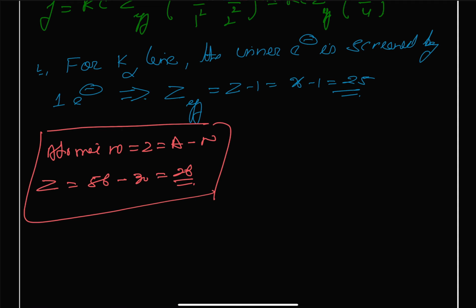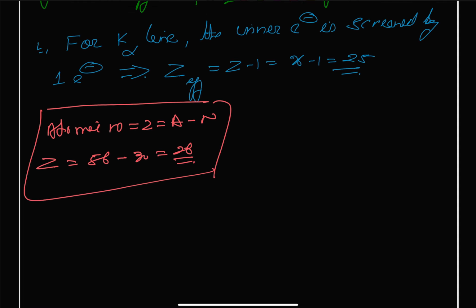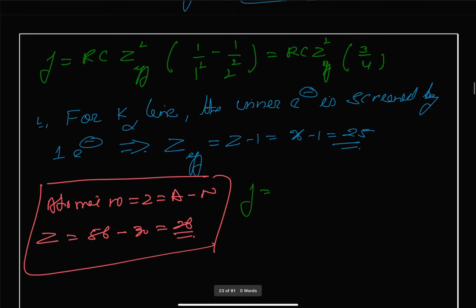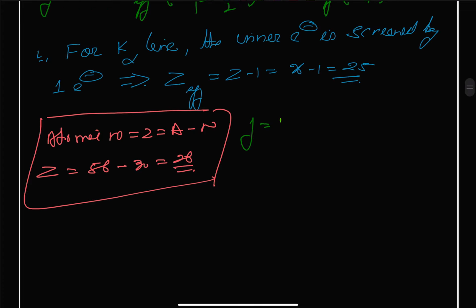Therefore, we can write that our frequency will be equal to Rydberg constant, which is 1.1 into 10 to the power 7, speed of light 3 into 10 to the power 8, 25 squared, and we just found the 3 by 4.